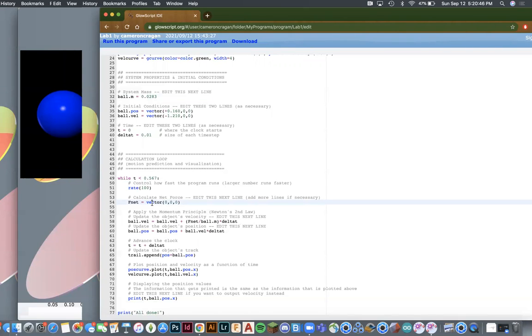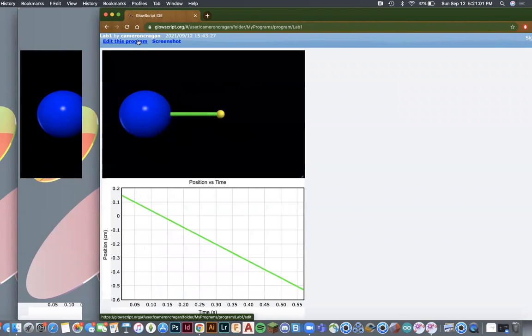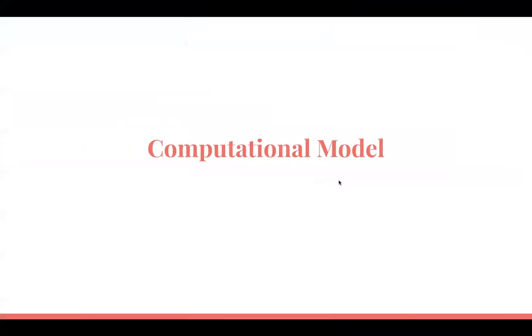And given Newton's second law, the velocity is only constant if the net force is 0. And down in this line, it shows the equation of where Newton's second law is applied to the model. And when you run the program, it looks like this, basically plotting out the position over time and shows sort of like the ball moving in the same direction.